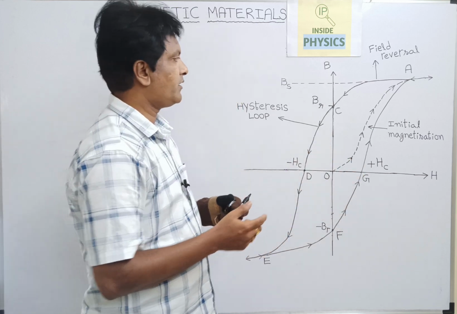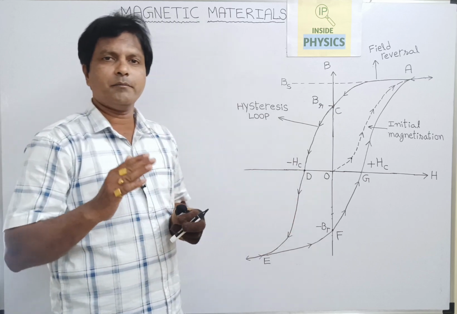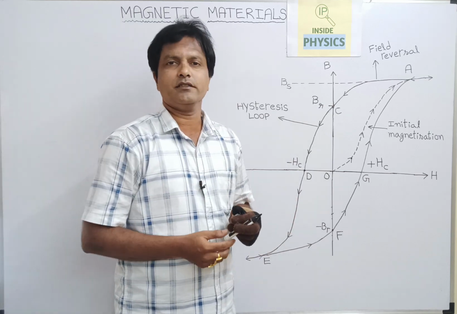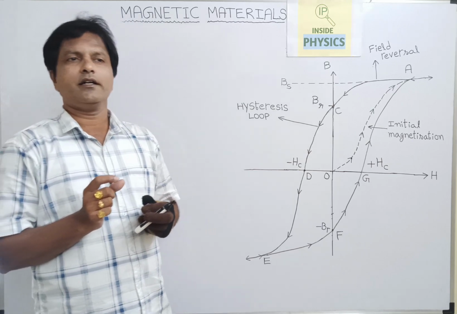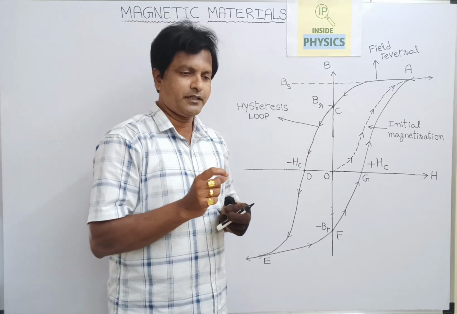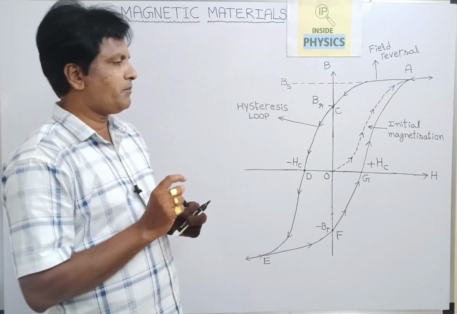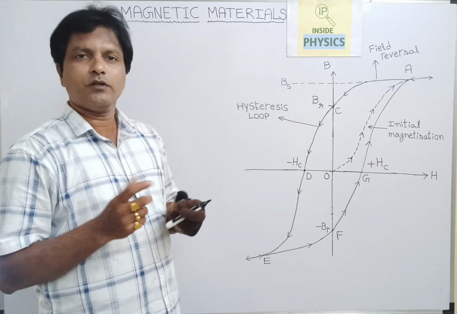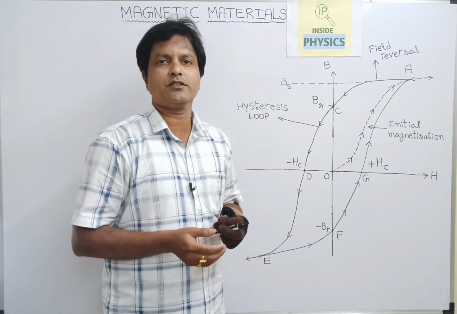That means this is a loop representing magnetization and demagnetization. If you want to demagnetize a material, you must bring the magnetic induction inside the material to zero, which means you must apply a coercive force. What is that coercive force? The magnetic field in the reverse direction.